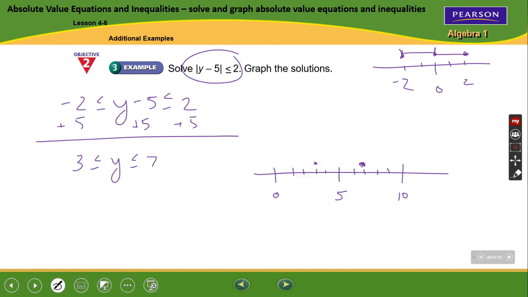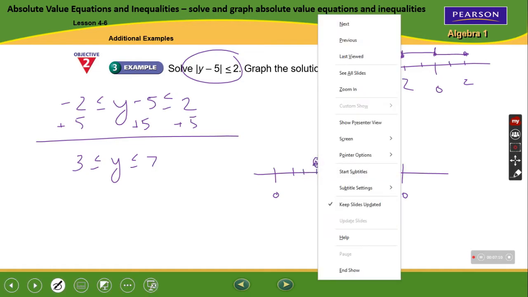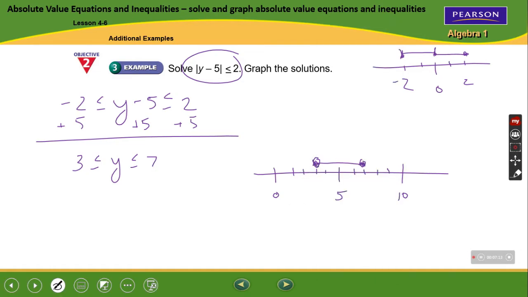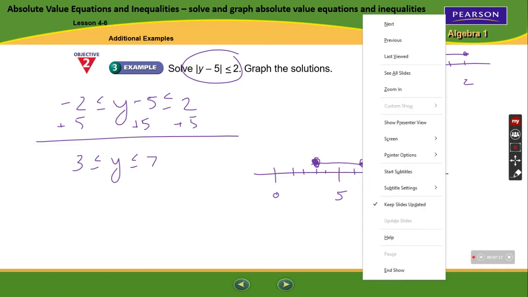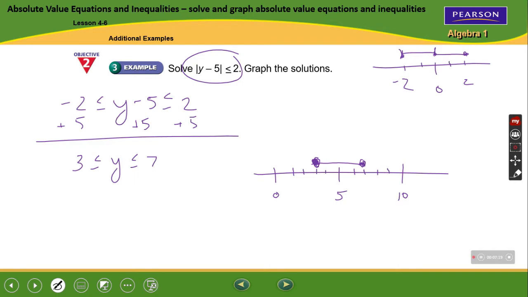And then we have to be between those two, 3 and 7, so we have to connect it. So this is a filled in circle here and a filled in circle here. And that is our graph of the solutions.